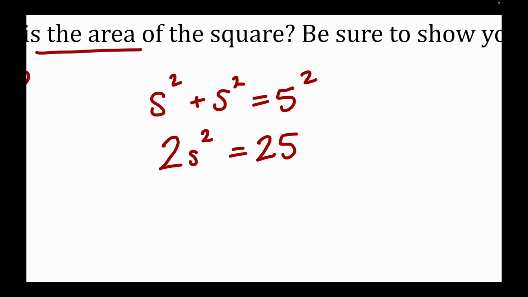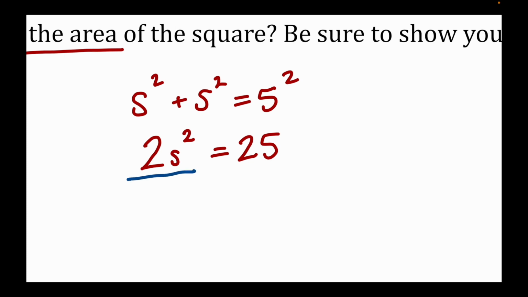I just want to solve for s squared. So in order to make just s squared, we just have to get rid of this 2. So all we're going to have to do here is on the left, just divide by 2, and it will cancel out, which means our answer is going to be whatever 25 divided by 2 is. And so s squared, this is actually the same as 12.5.